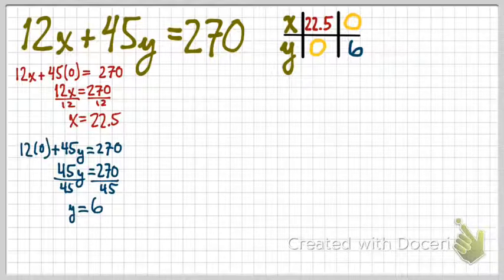Notice that my x-intercept is kind of a large number, larger than normal perhaps. And so when I draw my axes, I want to just notice that and give myself enough room to plot that point. So I'm going to make my y-axis kind of over to the left side there, because I need a lot of room to go all the way out to 22.5 on my x-axis.